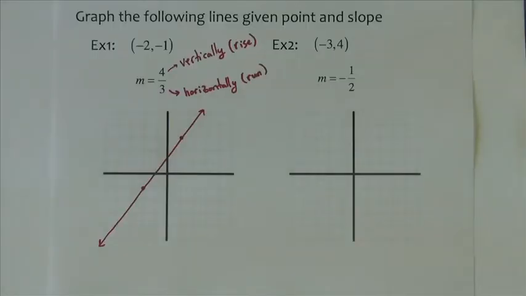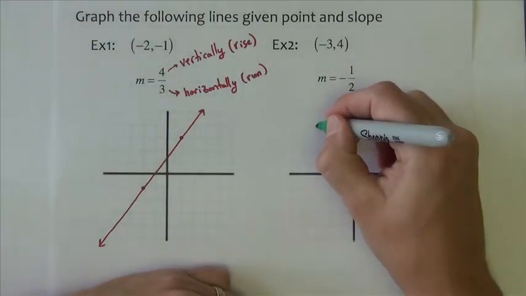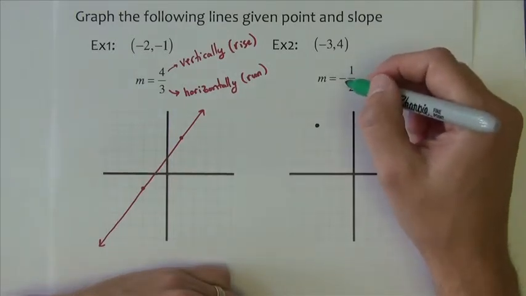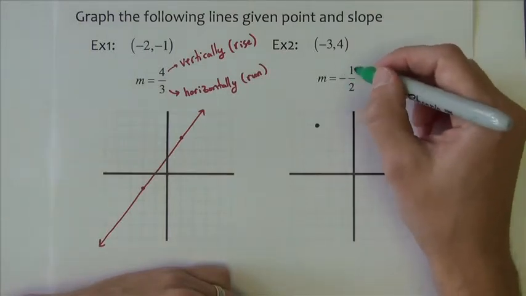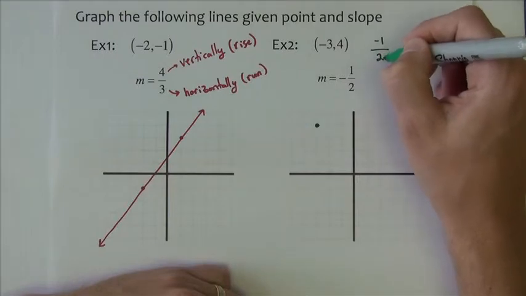Like that. The second example, the point is (-3, 4). So we start at (-3, 4). The slope is -1/2. Now the negative has to apply to the top or the bottom number, not both. So let's say we do it as -1 over 2.